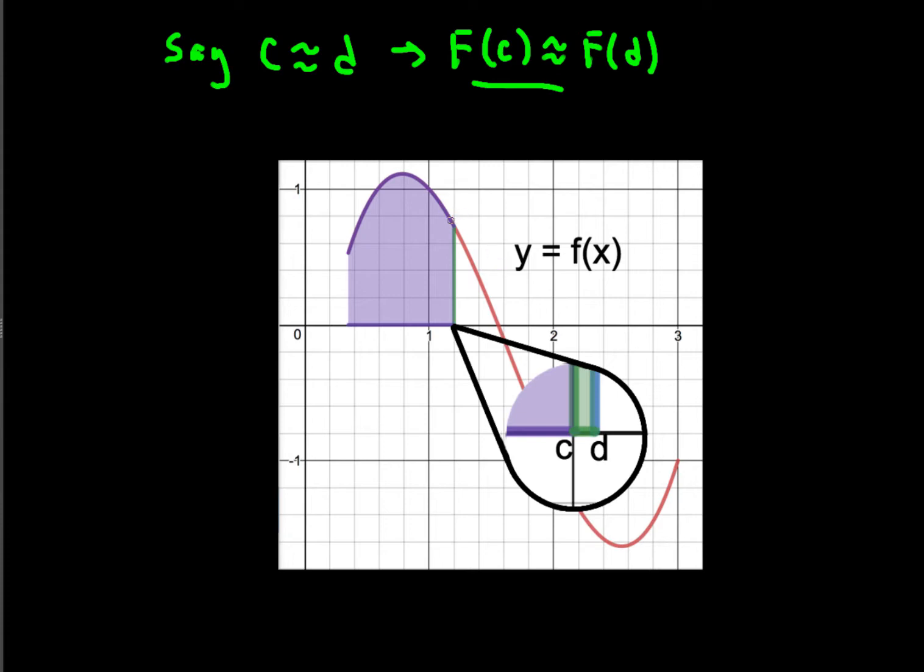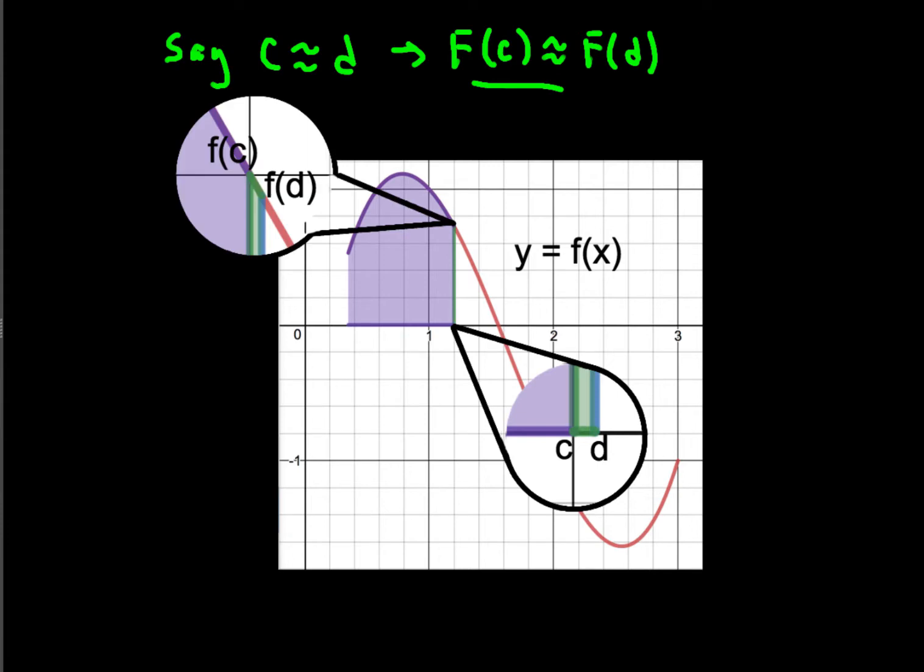And now if we zoom in to the height of this rectangle, we know the base is infinitesimally small, and we see again that this difference in height is also an infinitesimal.